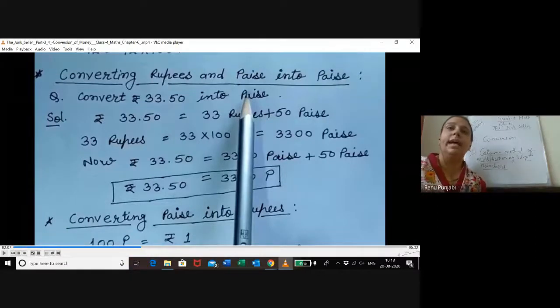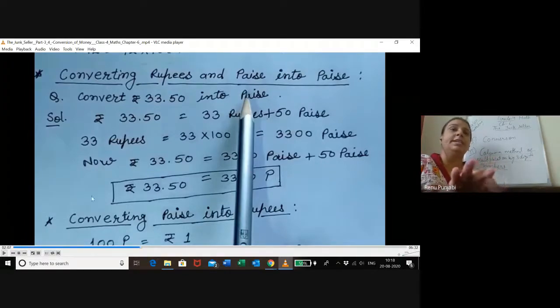We have not done that, we are doing it today. It means you have rupees and you have paisa also, and you have to convert them into paisa. First, it should be clear in your mind that the paisa which are already in paisa will not be converted, and the rupees will be converted. So first we will identify what are the paisa and what are the rupees.